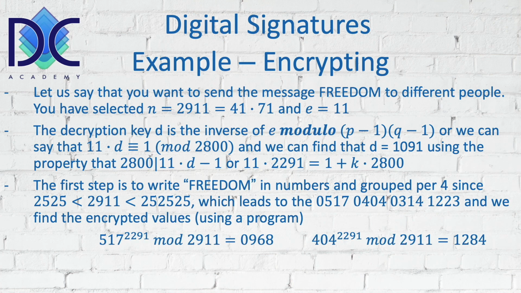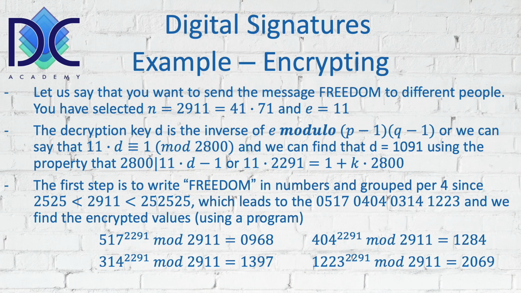We're using the program, which is 517 to the power 1091 modulus 2911, and so on. So we find those different elements and we calculate the different results. So basically we find here the encrypted values 0968, 1397, and so on.